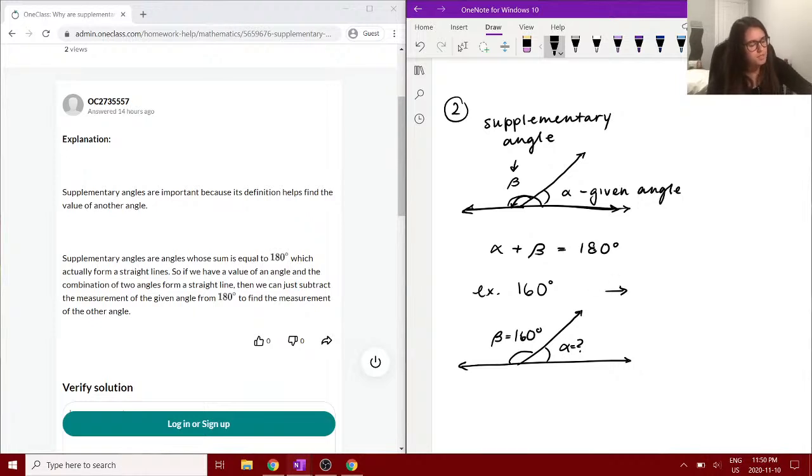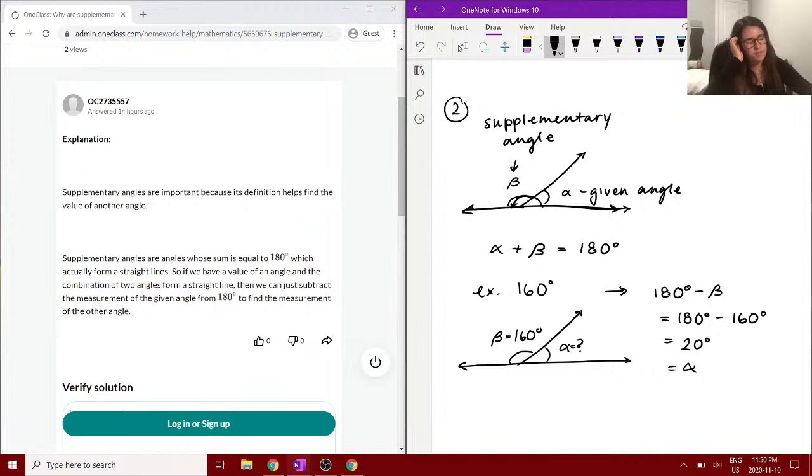We can easily use the supplementary angle beta and take 180 degrees minus beta, or 180 degrees minus 160 degrees, and it will tell you that alpha is equal to 20 degrees.